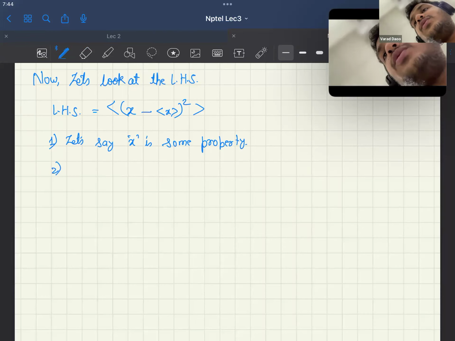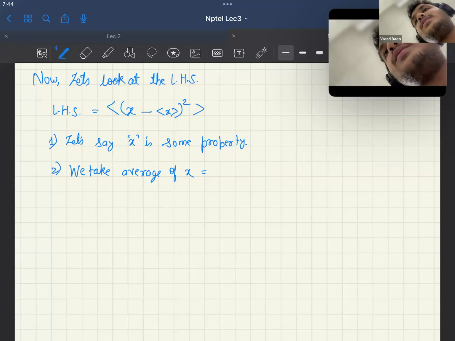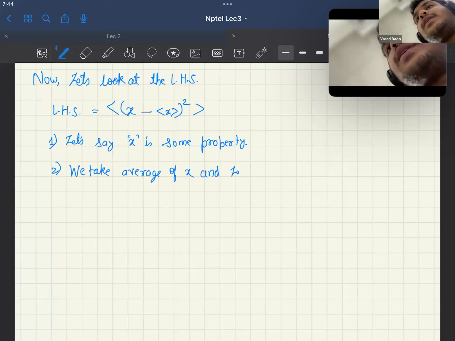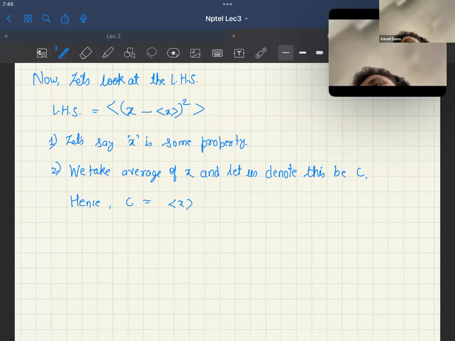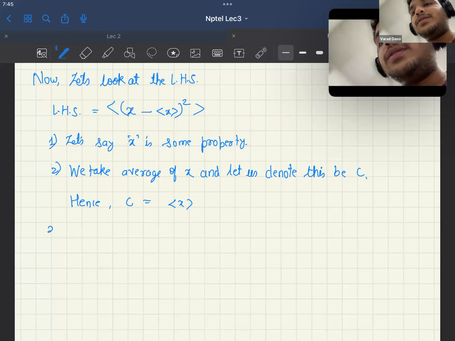So then what we do? We take average of x. Now what is this going to be? And let us denote this by c. Hence c becomes what? C becomes this. Okay, correct?